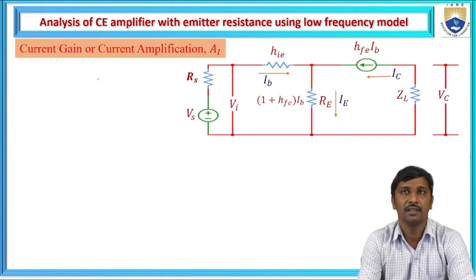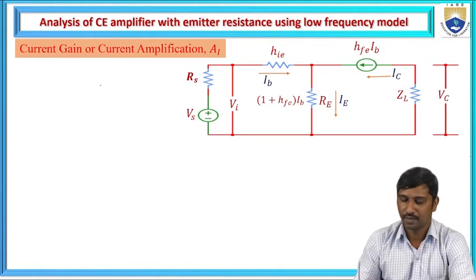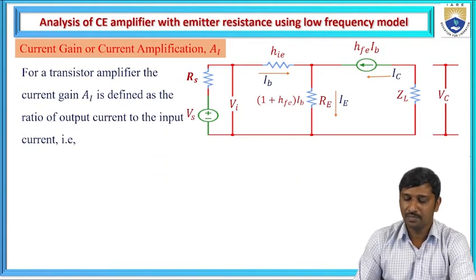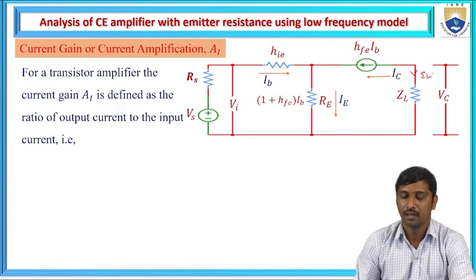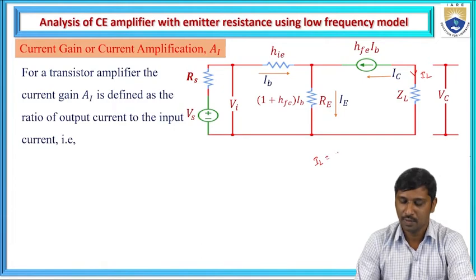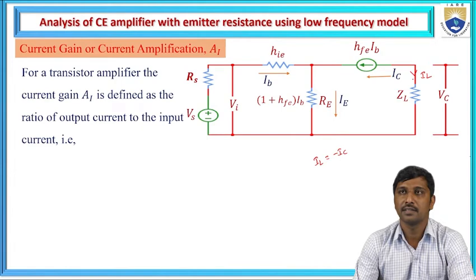Now we define the gain in terms of current, so it is the ratio of output current to the input current. The output current, the current flowing across this load impedance, is represented as IL, that is either the load current or equal to the collector current, but across this load resistance, the direction of flow is opposite.